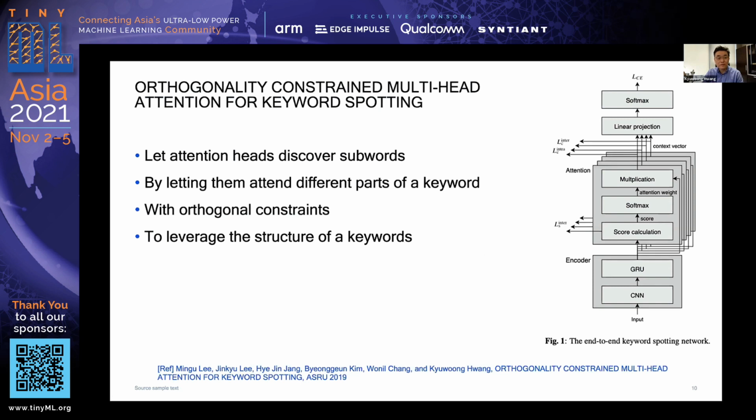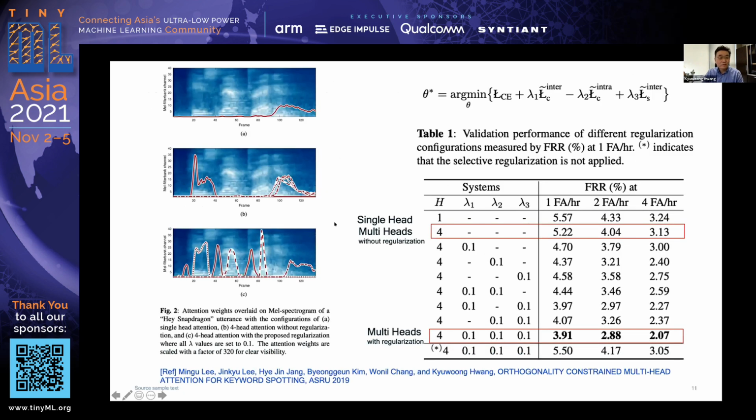It has some structure, and we'd like to let the network discover it. So we made the attention block have multiple heads, and we hope that those different heads attend to different regions of the keyword to give better performance. So this is the result.